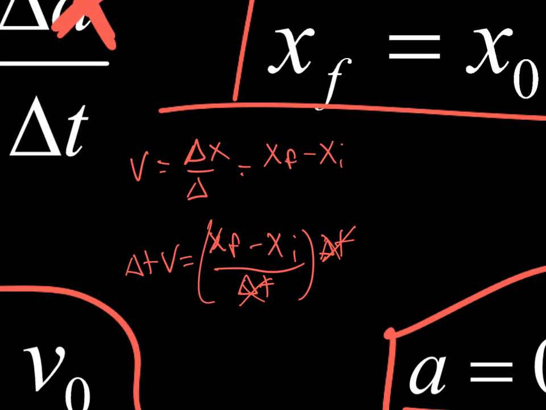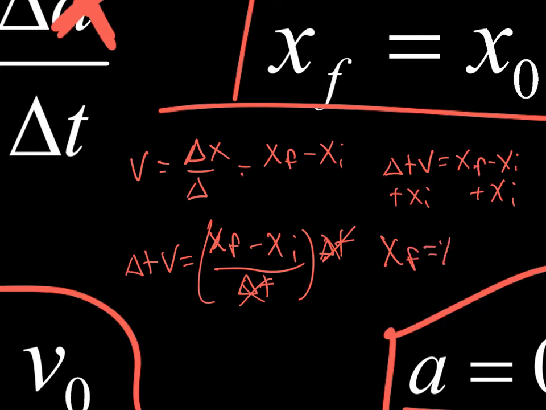So then I have delta t times v equals xf minus xi. I want to find an equation for the final position, so I'm going to add xi to both sides. And so I get xf equals v delta t plus xi, your initial position.